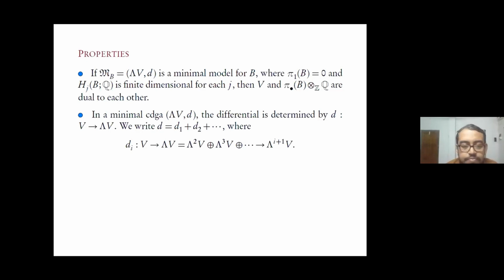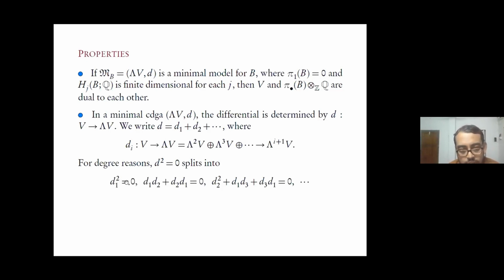Again, for degree reasons, if you calculate D squared equal to 0, you'll see that this splits into several equations at the same time. The first equation is D1 squared is 0. The second, because you can now compare which part of the wedge it goes to, and an element here cannot be compared with an element here. They're living in different spaces, right?